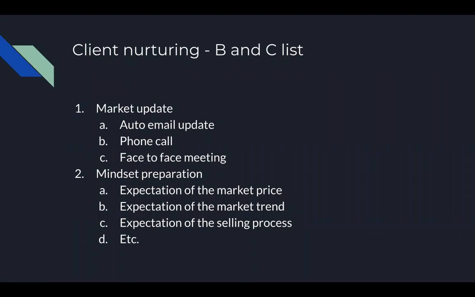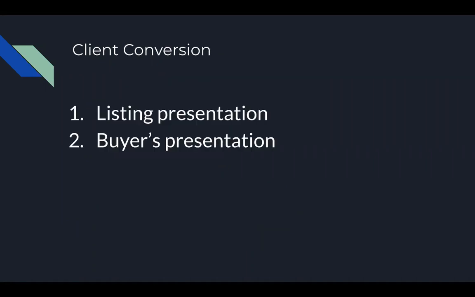Also expectations about the selling process. What's in the selling process? How are we going to do the work? How are you selling their house? What do they need to do to help you? What do they expect? Do they expect showings every day? Do they expect an update every week?